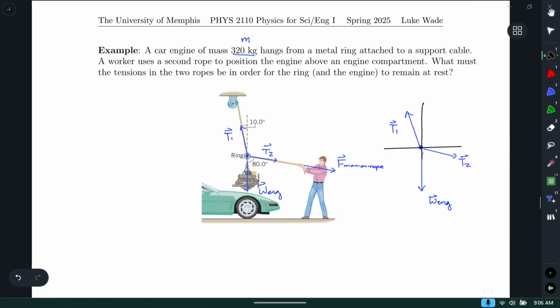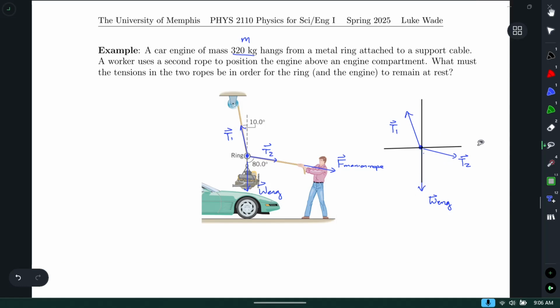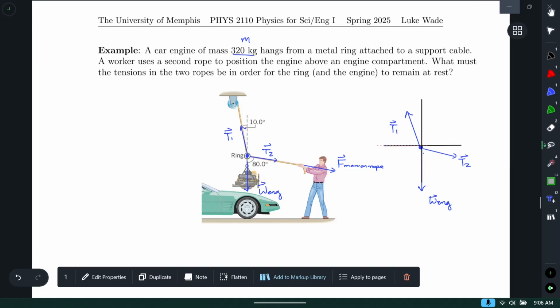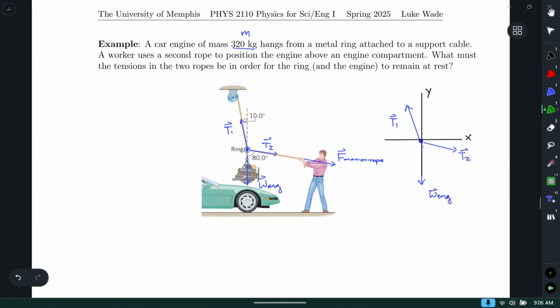So we'll choose our axes here. There's not really quote-unquote convenient axes. We can only get at most one force to line up to sit along an axis. And that would be, we'll choose the weight just because then we get our normal XY axes. So we need components for T1 and T2. They tell us that this angle is 80 degrees, and this angle is 10 degrees.